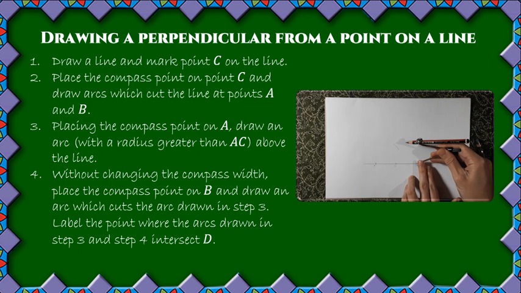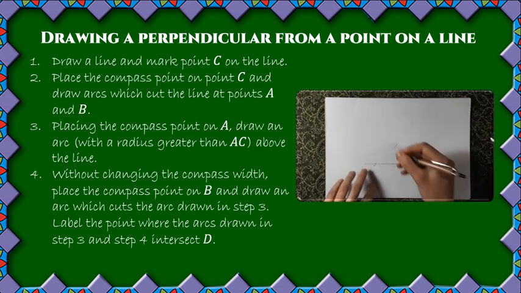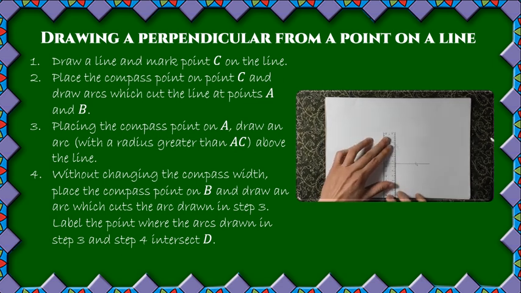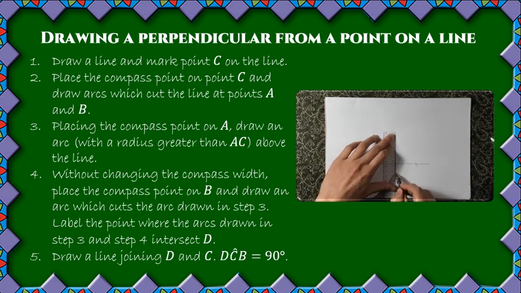Without changing the compass width, place the compass point on B and draw an arc which cuts the arc drawn in step 3. Label the point where the arcs drawn in step 3 and step 4 intersect D. Draw a line joining D and C. Angle DCB is equal to 90 degrees.